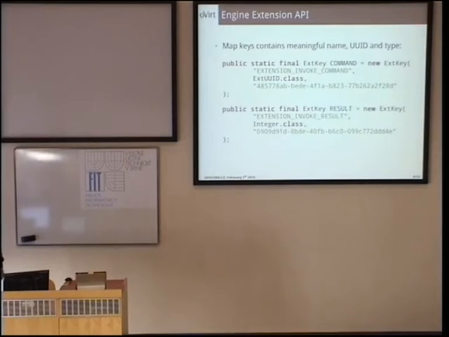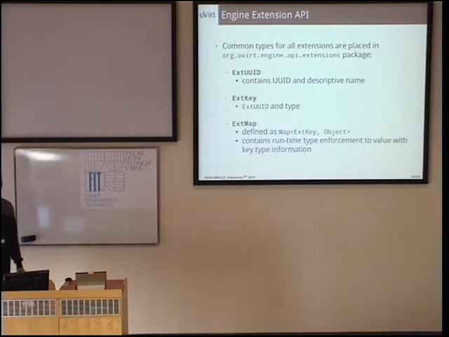Keys of these maps usually contain a meaningful name, a UUID to uniquely define what it is, and a type.